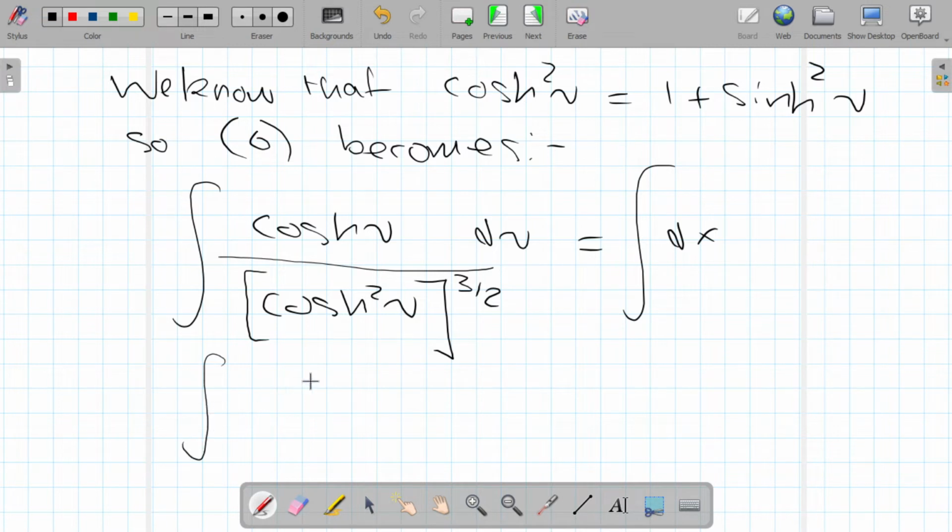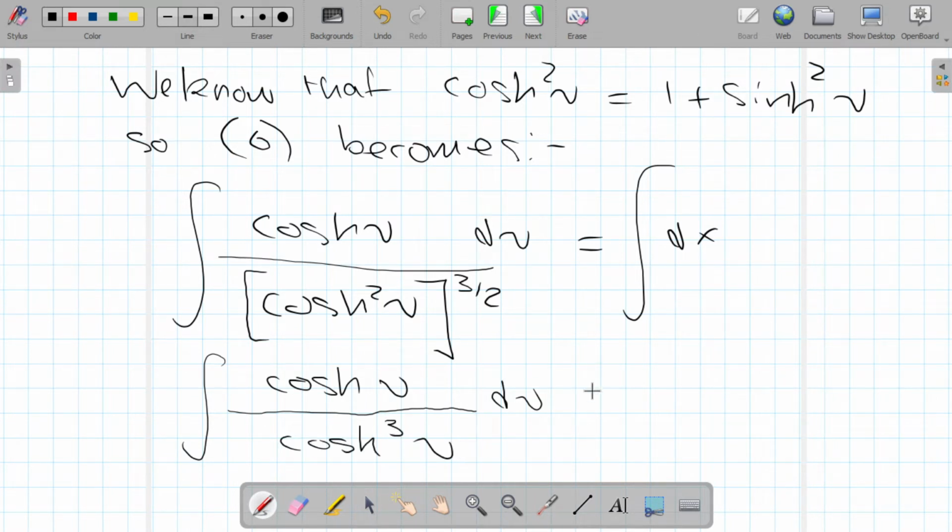So this can be rewritten as cosh v dv, all divided by cosh cubed v, and all of that is equal to the integral of dx. So we can simplify the left-hand side even more. We'll call that equation 7, and the last equation we've written down we'll call equation 8.